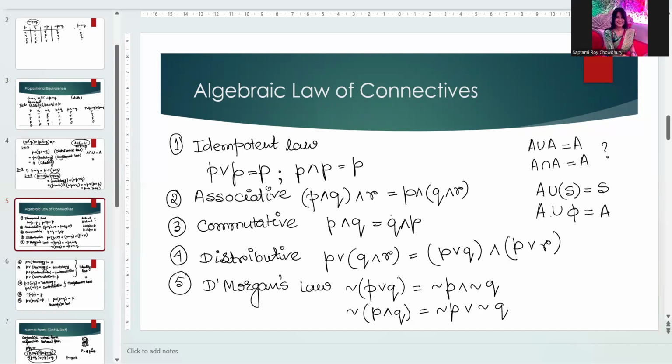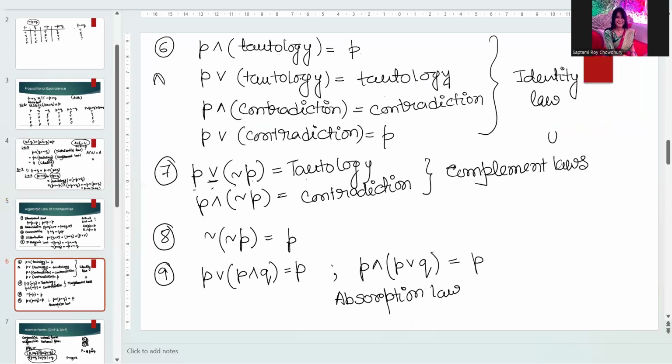Accordingly, the idempotent law, associative law, commutative law, distributive law and De Morgan's law will be changed. P conjunction tautology, P disjunction tautology is tautology. These types of laws which we already used in sets, we will also use in this part.